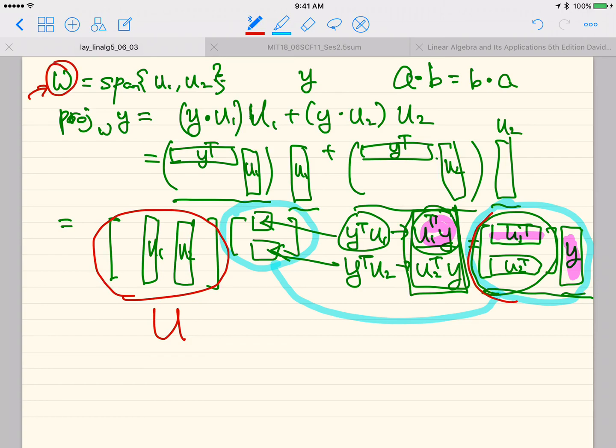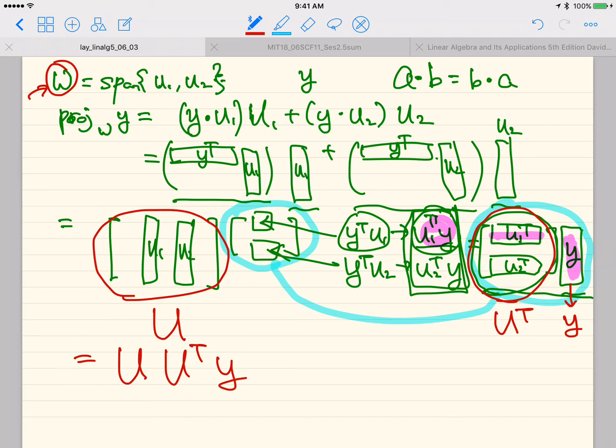And then we have here U transpose, which can be viewed as the transpose of the entire matrix U. And then we have this y. Altogether, it can be written as this.